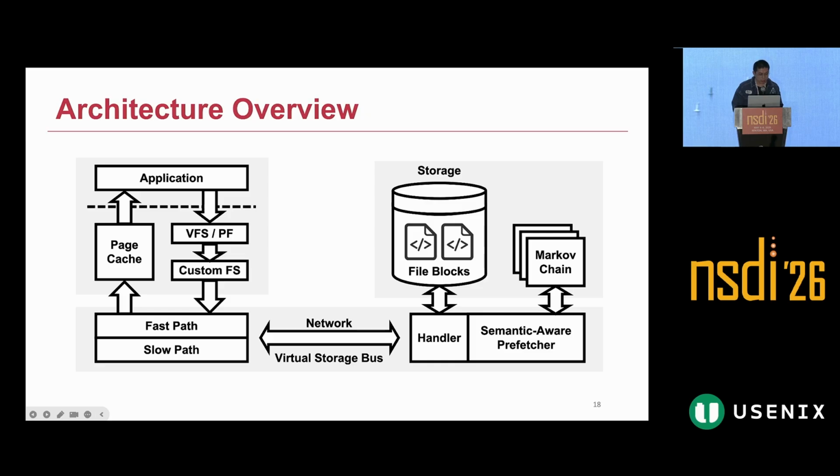Okay, let me walk through the workflow. The application issues a read or triggers a page fault. Then the request is intercepted and sent to the runtime, where the fast path immediately fetches the requested block. Based on this, the slow path starts fetching predicted blocks in the background while also fetching the requested block from storage.